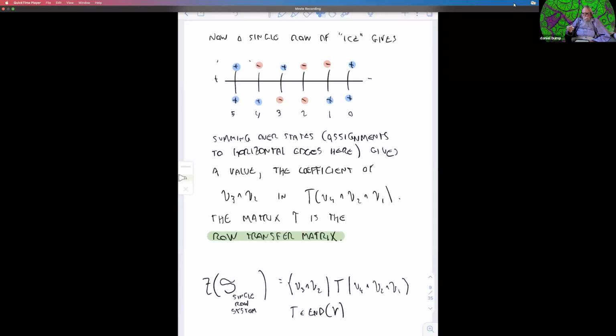So if we consider this system with just a single row, its partition function is: you take the basis vector for the top row, apply a linear transformation to it, and then pick out the coefficient of the bottom row.